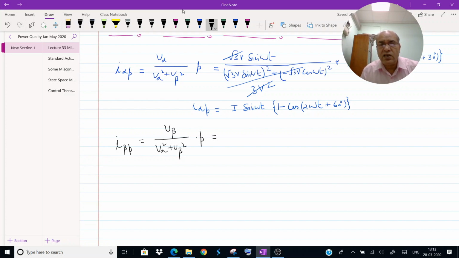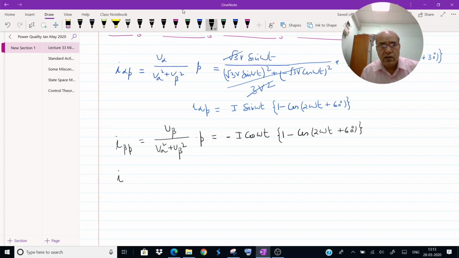So the minus sign will come here. So finally it becomes simply minus I cos omega t times 1 minus cos 2 omega t plus 60 degree. This is I beta P.